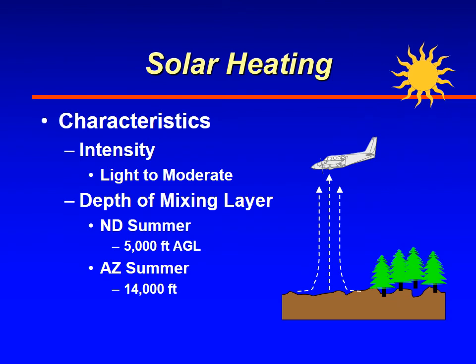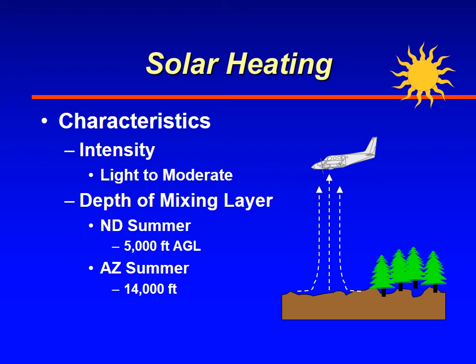So the type of convective turbulence that you get with solar heating is usually light to moderate. It's not usually severe turbulence, but if you're flying a V-tail Bonanza, an airplane that does not have a lot of directional stability, and you're sitting in the back, you can get sick pretty easily in convective turbulence.